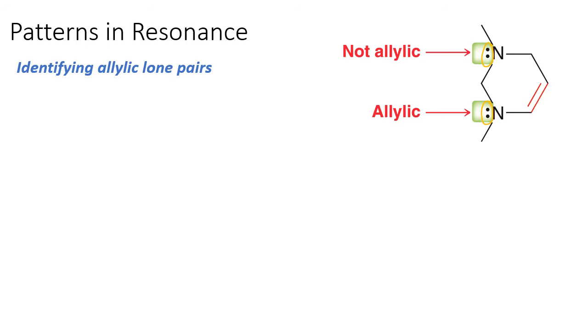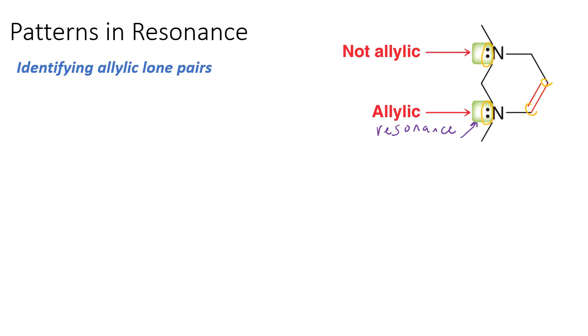So here we have carbon double bonded to carbon, and these lone pairs of electrons that are on our nitrogen are one away from our carbon-carbon double bond. And that's important because it means that those electrons in that allylic position can participate in resonance. So being able to find these allylic position electrons is key for being able to draw resonance structures.